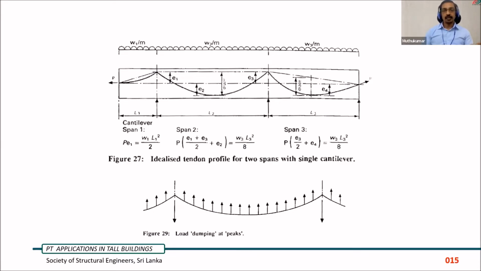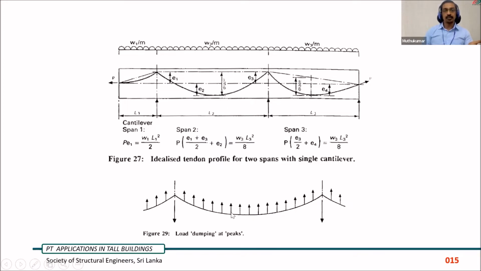In an ideal two span with a cantilever, this is the tendon profile we can expect for a normal slab. These drapes eventually create an upward load, because once we apply a pre-stressing force, the tendon tries to straighten up.